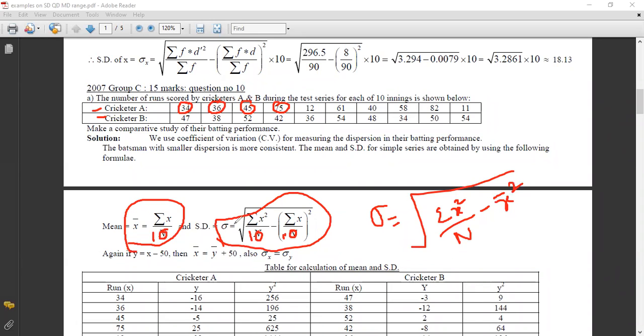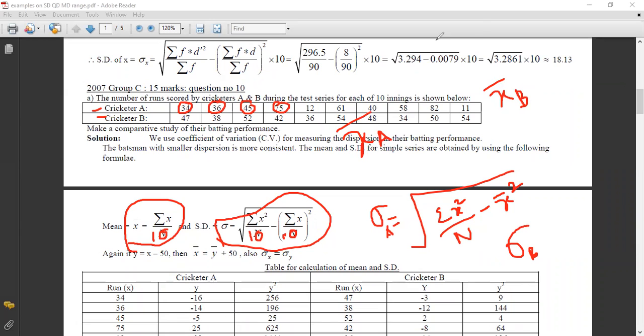X bar is the arithmetic mean calculated by this formula. We have to find sigma A and also sigma B, A for the batting performance of cricketer A, B for cricketer B. Similarly, x A bar is the batting average of cricketer A, and x B bar is the batting average of cricketer B.